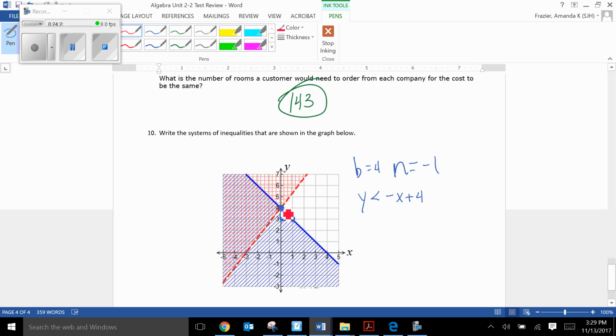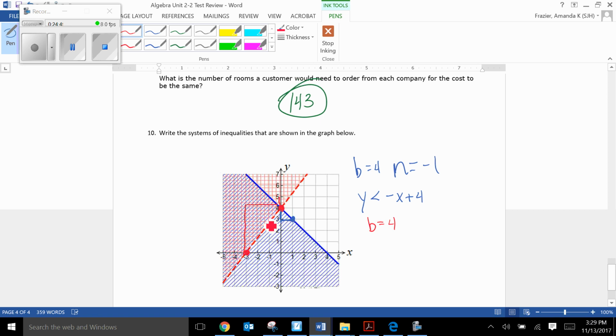Okay, looking at my red line, I have the same y-intercept, but my slope now is going up. Let's see, let's find some good points here. This one's hard to find points with that dotted line. Here's one. Okay, so it looks like it's going from 0 to 4 and negative 3.